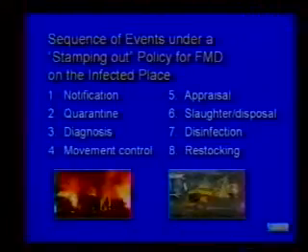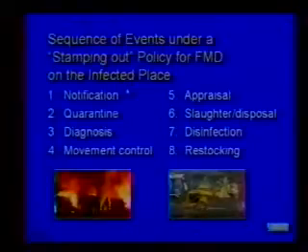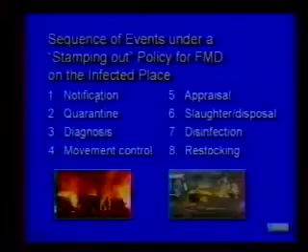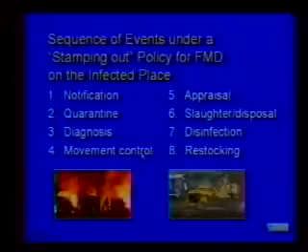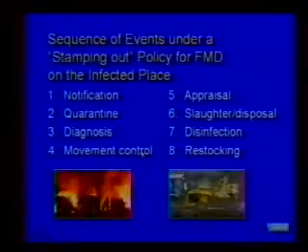Well, when an outbreak is recognized on a farm, the farm itself goes through a series of procedures. First of all, we've just mentioned that there's notification, quarantine, and diagnosis on the farm at the very beginning when foot-and-mouth disease is suspected. At that point, movement control is enforced around the farm, and in some cases, such as in Britain, it was recognized there were so many individual outbreaks occurring that movement control was in fact over the entire country.